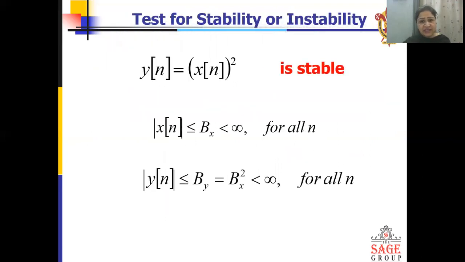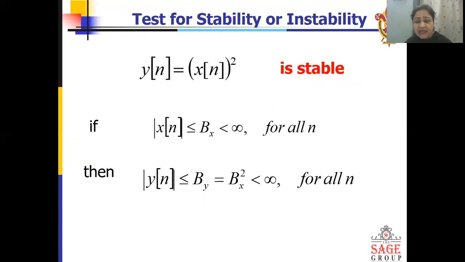Now, we will check the stability of the system which is given as y[n] is equal to x[n] square. Now say if input x[n] is BIBO stable, that is, x[n] is a bounded signal, then whenever we square the finite value, bounded signal means that it is having a finite value for all values of n.